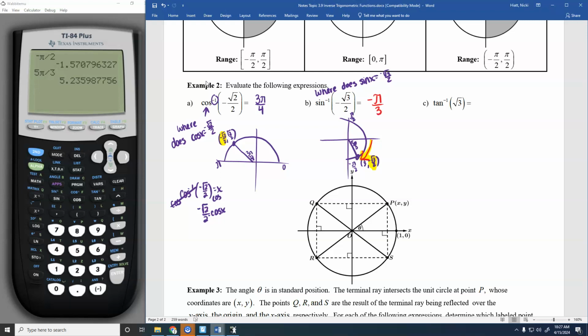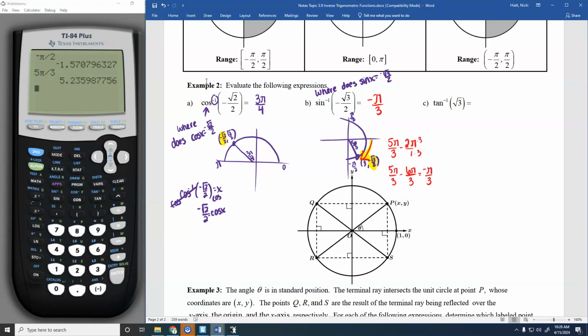Another way that you can do that, if you're having to do that fourth quadrant, is if you do 5 pi over 3, if you subtract 2 pi from it, it's like 2 pi over 1. You'd have to get common denominators. 5 pi over 3 minus 6 pi over 3 would give you negative pi over 3.